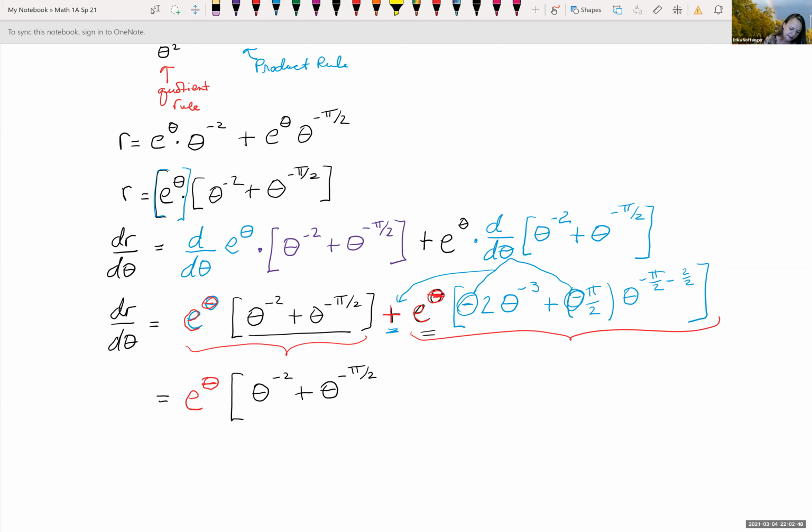Those are all negatives, so I don't know if you're okay with me pulling a negative sign out. Let's make that a minus. -2 theta to the -3. Actually, let's not pull the negative out. It would still be negative.